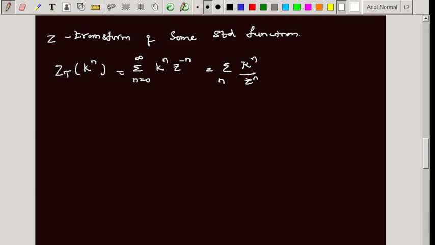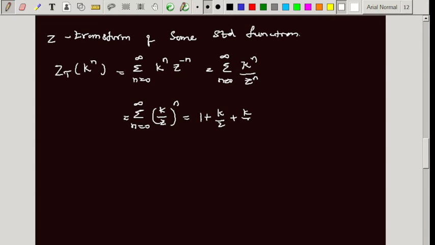So summation n is 0 to infinity, and here we substitute n equal to 0 first. This can be simplified further. We can write it as summation n is 0 to infinity of k divided by z, whole power n. By substituting 0 we get 1, since k by z power 0 is 1. By substituting 1 we get k divided by z.